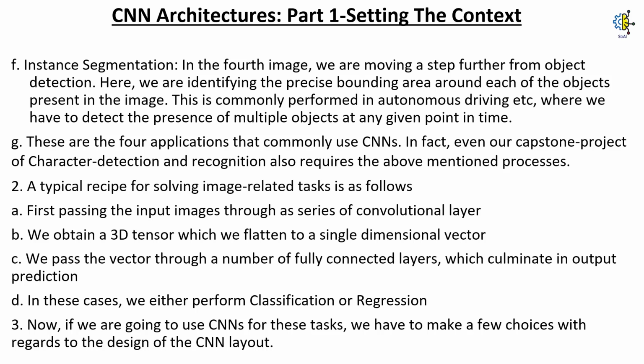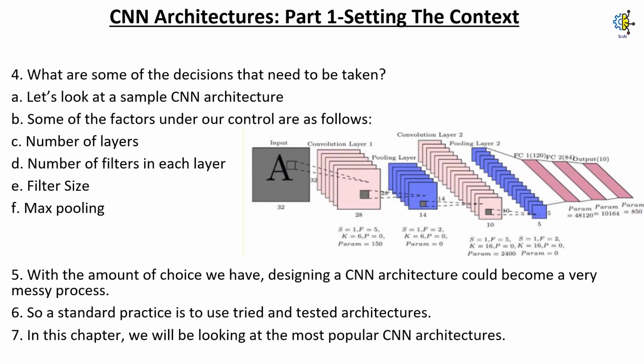Now, if we are going to use CNNs for these tasks, we have to make a few choices with regards to the design of the CNN layout. What are some of the decisions that need to be taken? Let's look at a sample CNN architecture.